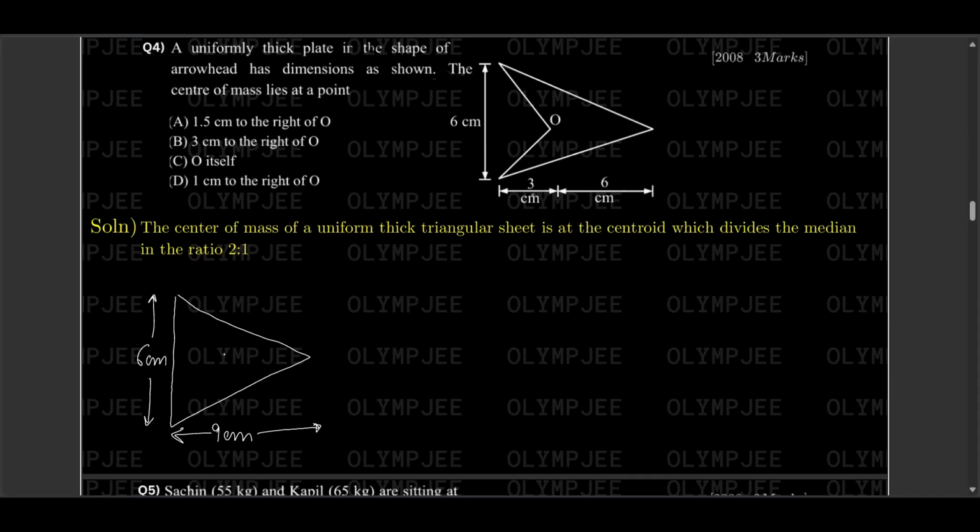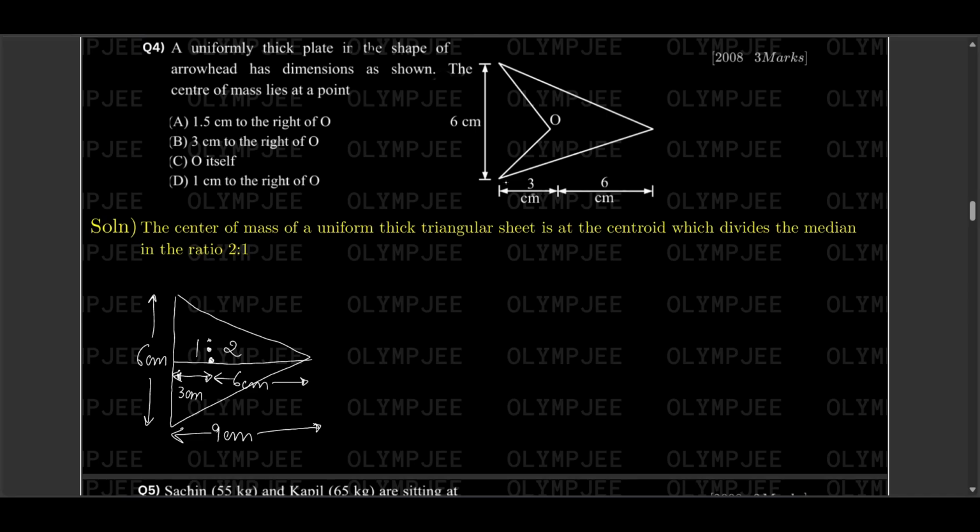So it will be at a point dividing this median in the ratio 1:2. So this length will be 9 by 3, which is 3 centimeter, and this length will be 6 centimeter.